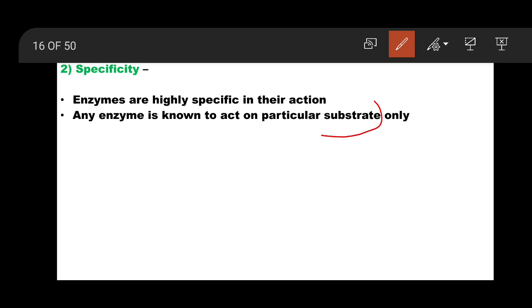Usually one enzyme catalyzes one reaction. Any enzyme is known to act on a particular substrate only. So substrate specificity is also there. Every enzyme has a different substrate. So any enzyme is known to act on a particular substrate only.